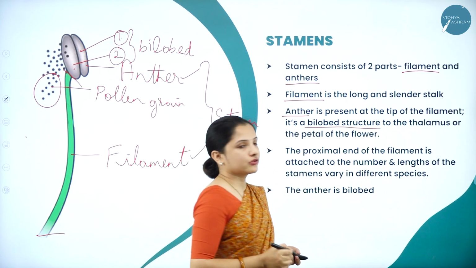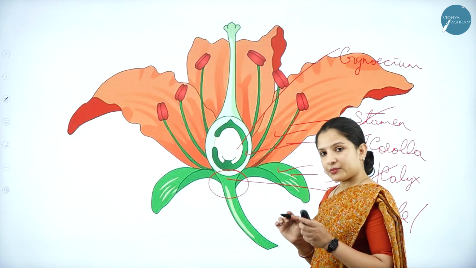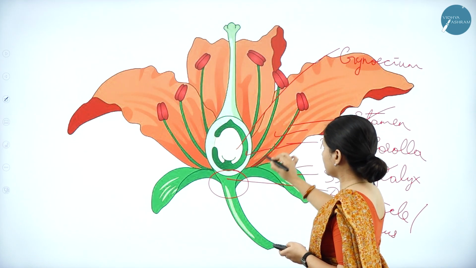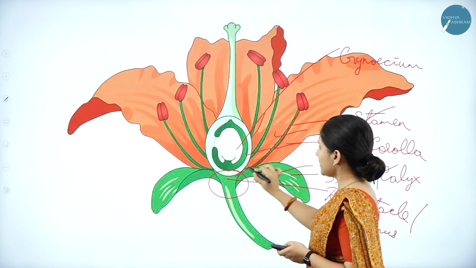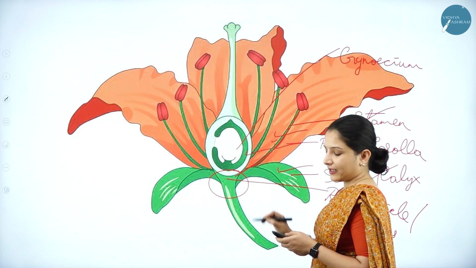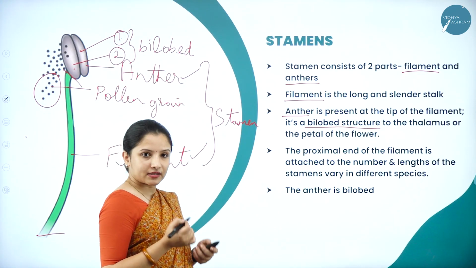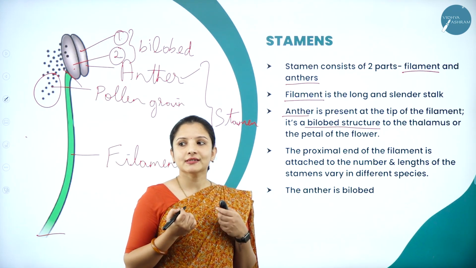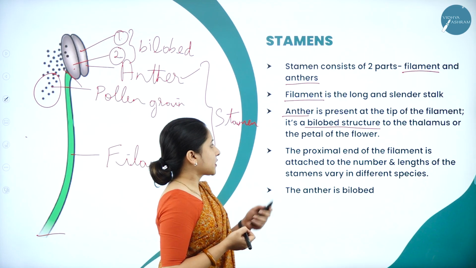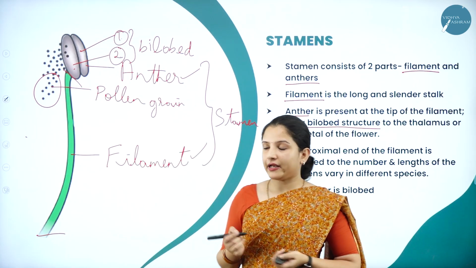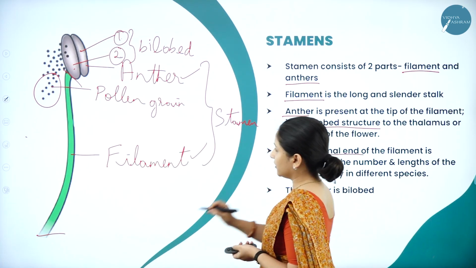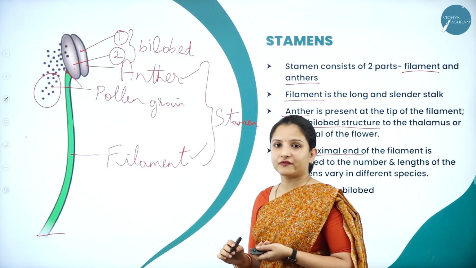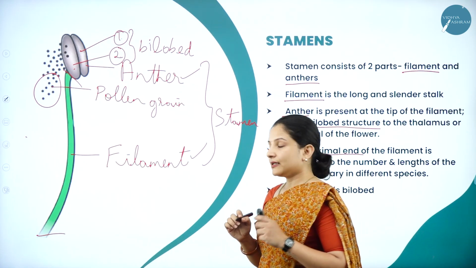In the previous slide, you can see that the stalk of the anther, or the filament, is attached to the thalamus. So the proximal end, the one end of the filament, is attached to the anther and the other end of the filament is attached to the thalamus.